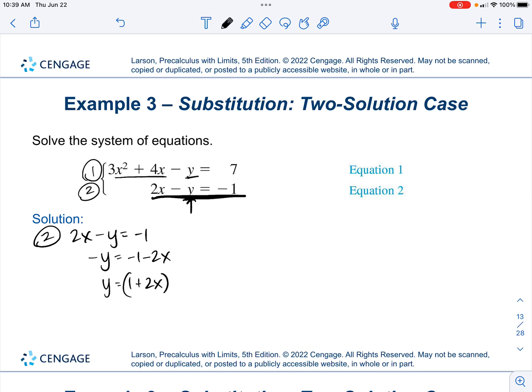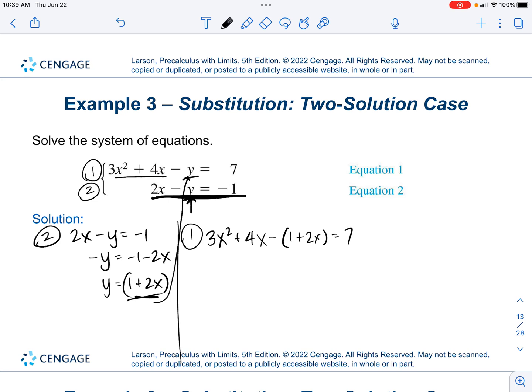So once you get one of your variables alone, I'm going to go into the other equation and plug in what y equals for y. So this is going to go in equation number 1 for y. So 3x squared plus 4x minus what y equals, which is (1 plus 2x), equals 7.